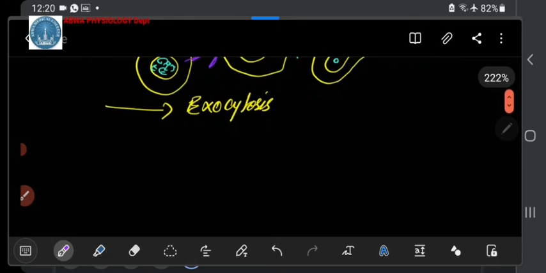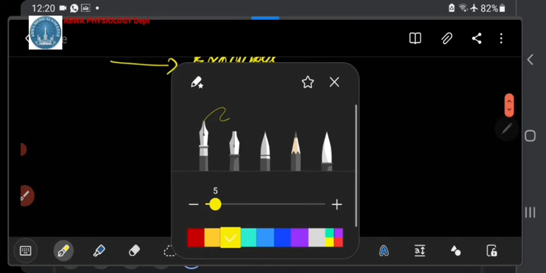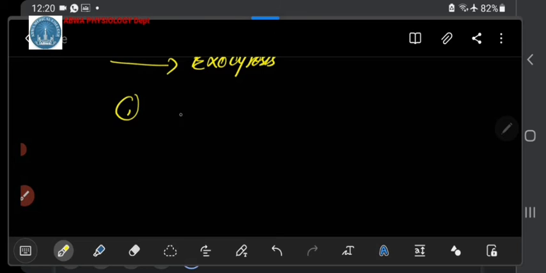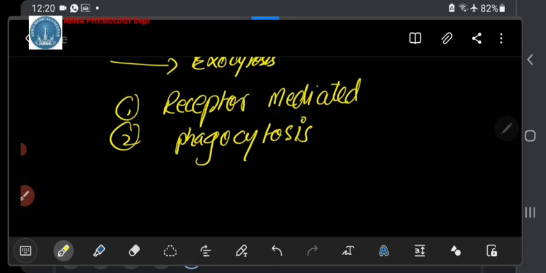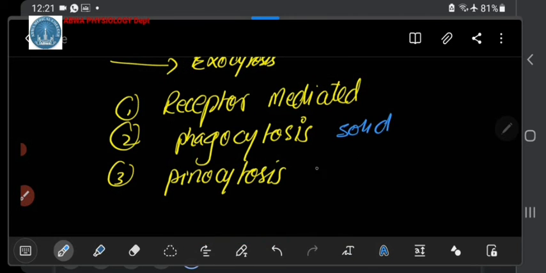Endocytosis has types: number one, receptor mediated; number two, phagocytosis; number three, pinocytosis. Phagocytosis is for solids, and pinocytosis is for liquids.